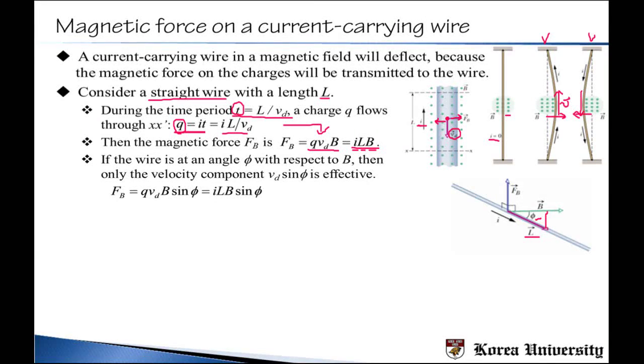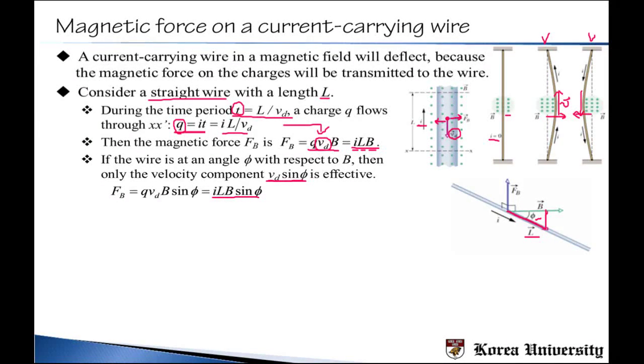With this angle, you take L multiplied by sine phi, which is effectively the velocity vector multiplied by sine phi. So now comparing this with the above equation, instead of the simple Vd, we insert Vd sine phi, and finally what you get is I L B sine phi.